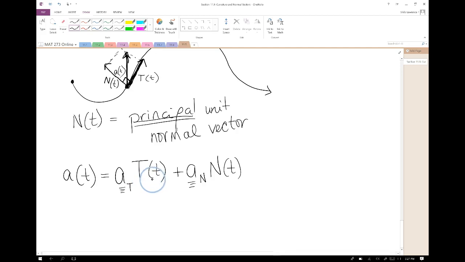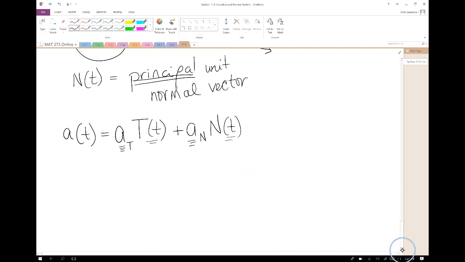We're typically not concerned with the T of t and the N of t. We just want to know, since they're magnitude 1, all of the magnitude from those vectors will come from a sub t and a sub n. A sub t, like I said just a second ago, is called the tangential component of acceleration.